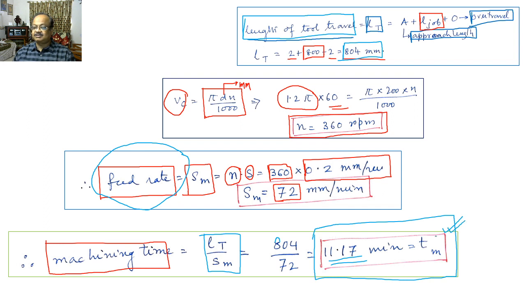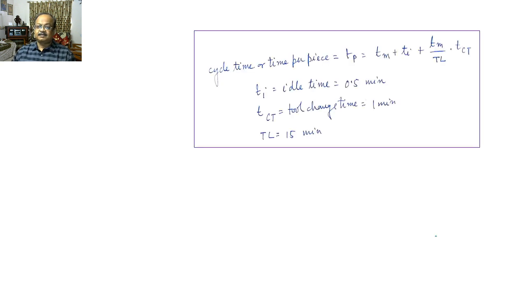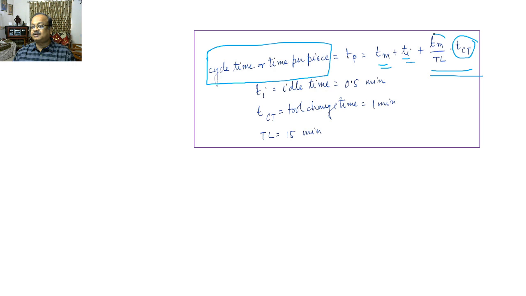Cycle time and machining time, there is a subtle difference. Let us explore what is that subtle difference. Cycle time, or time per piece, has several components. One is the machining time, one is the idle time, and total tool change time. This is the tool change time, and this particular fraction gives you how many times do you change the tool during the machining operation.